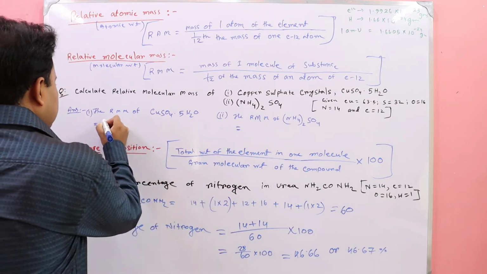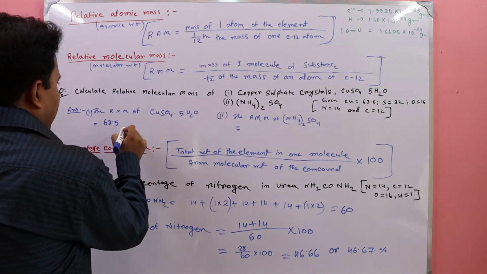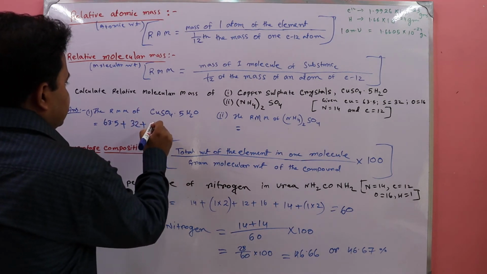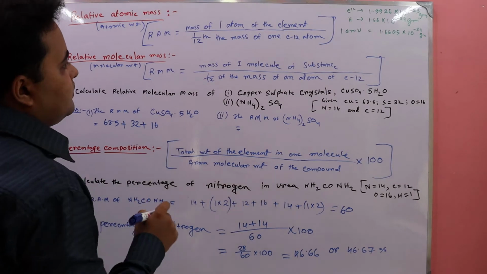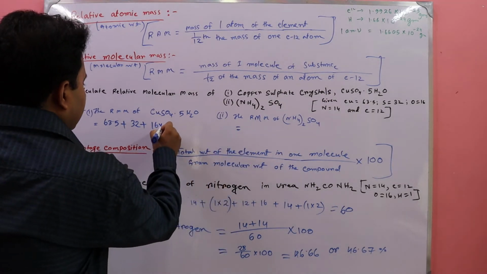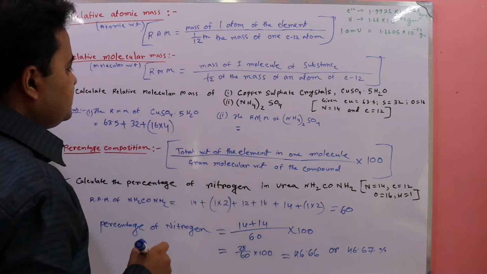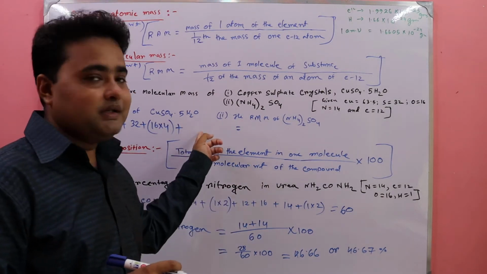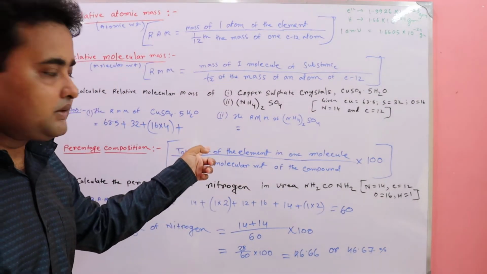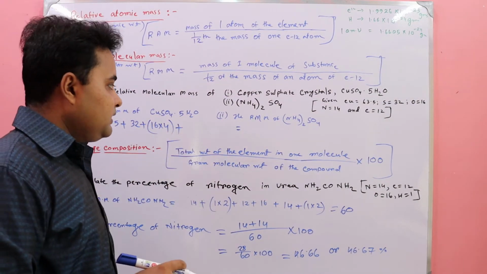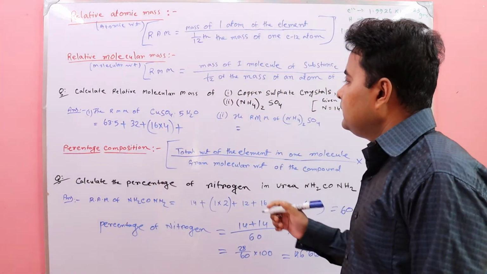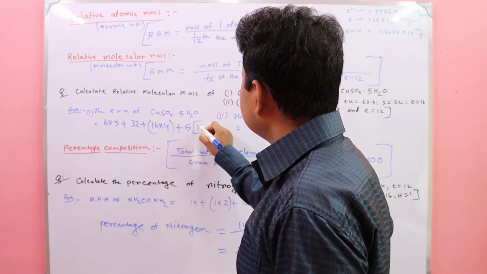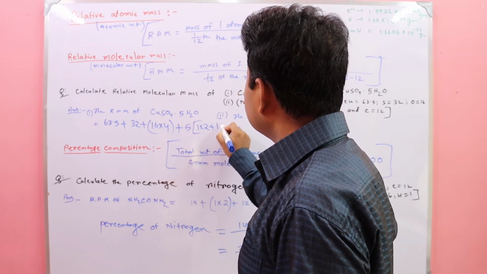Here copper is 63.5, plus sulfur is 32, and oxygen is 16, and there are 4 oxygens, so we should multiply by 4. The dot means plus, there are also 5 H2O present, that's why we should put the plus sign, and then 5 in bracket, 1 hydrogen is 1, that means 2 hydrogens present, and 16.